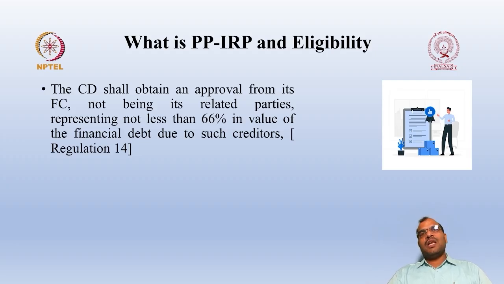But please remember, while calculating this 66%, we are not supposed to include related parties. In the previous classes, we discussed in detail who is considered a related party. So related parties are not included while considering the 66%.